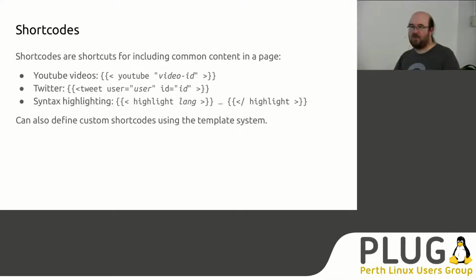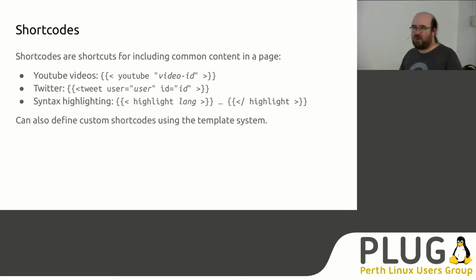There's also a concept of shortcodes, which provides some more stuff you can use inside your pages. This is kind of useful if you want to link to a YouTube video or something, which is something we've used a few times on the Plug website, where we've had some pages for some old events which we'd recorded, like we're recording this talk, and we can put a link through to that YouTube video.